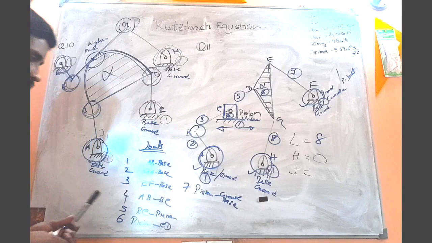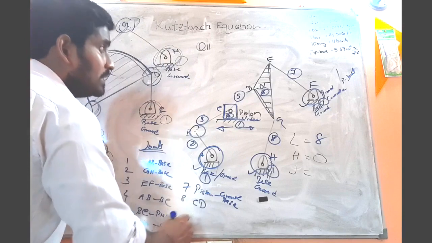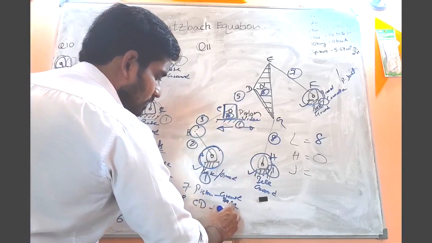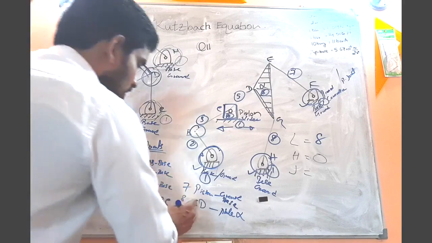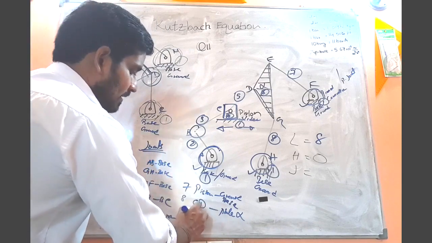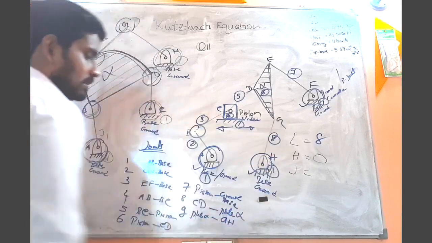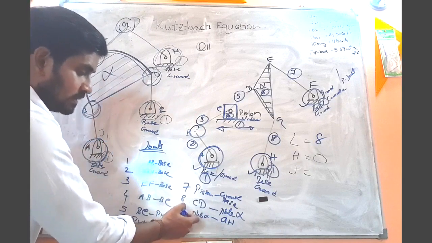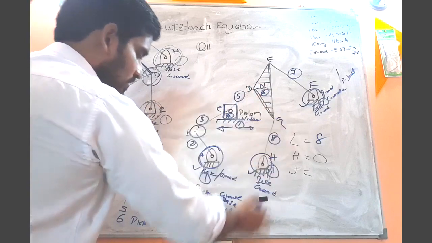Then joint number 8 is the joint that is required to connect the link CD with the plate alpha, right? I hope you got it. Then joint number 9 is required in order to connect plate alpha with the link GH, right?